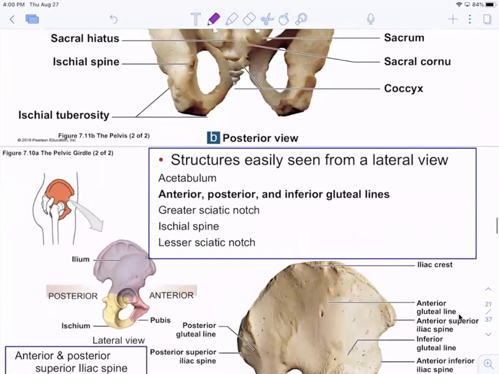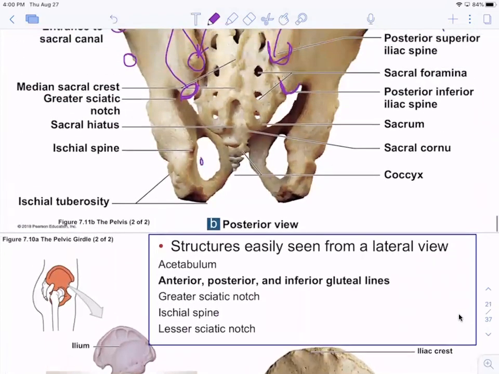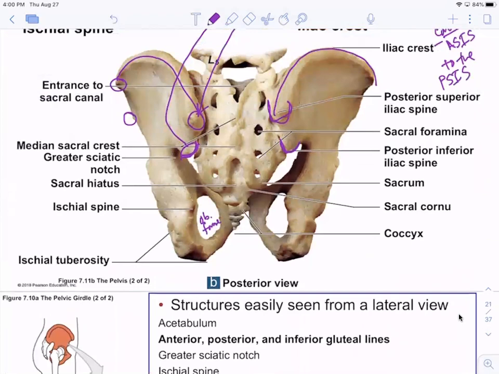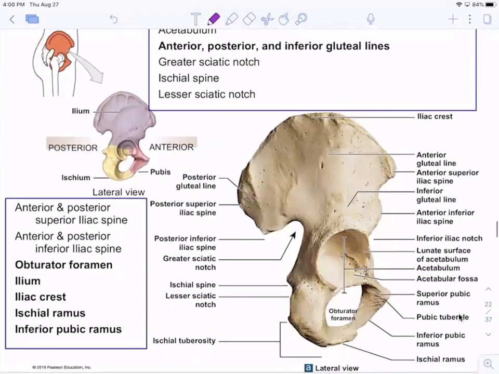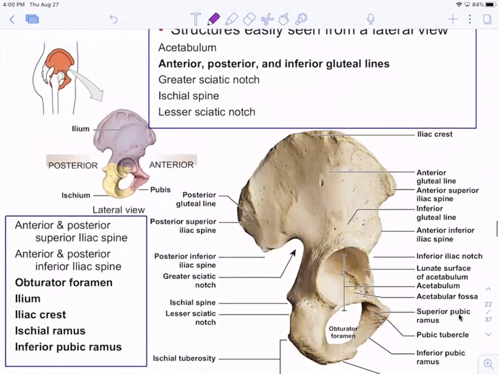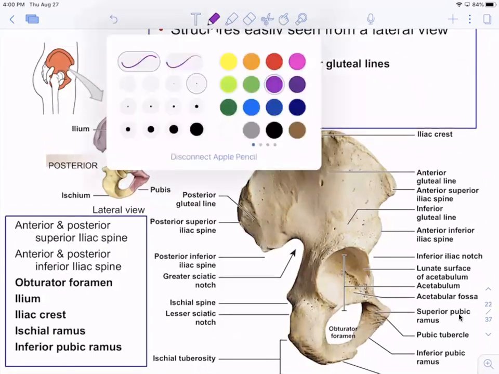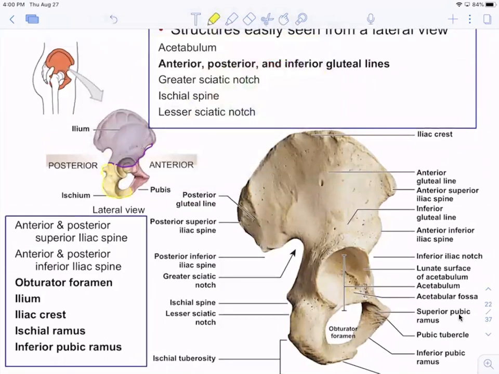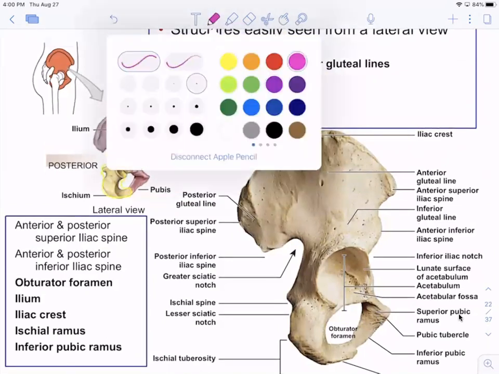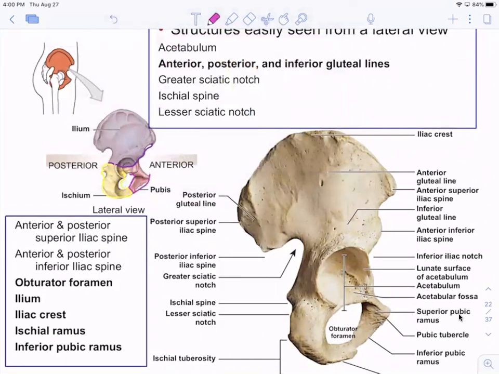So let's go through the features here. And again, obturator foramen. You can't really see the acetabulum. So this is kind of showing you in 3 colors, right? So this is the ilium. This is the ischium. And this is the pubic bone. You can see how all 3 form the acetabulum as well as the obturator foramen.